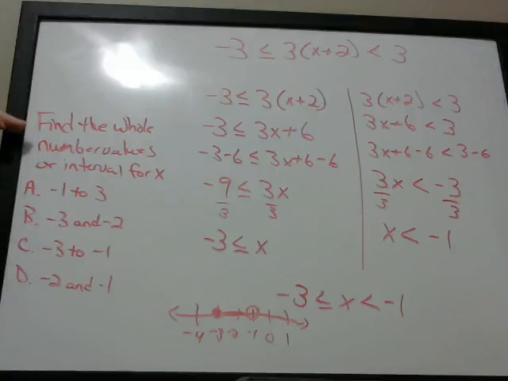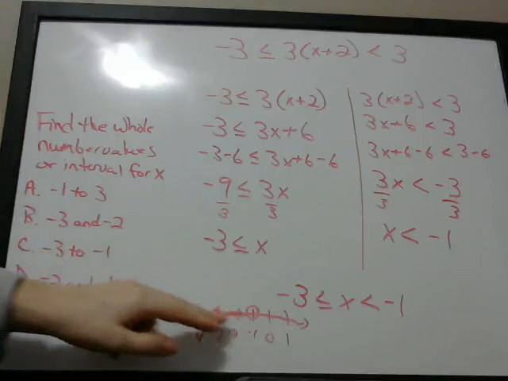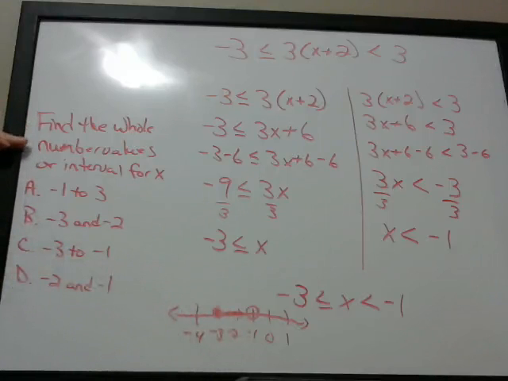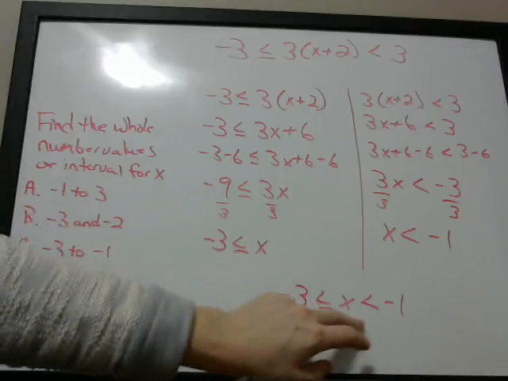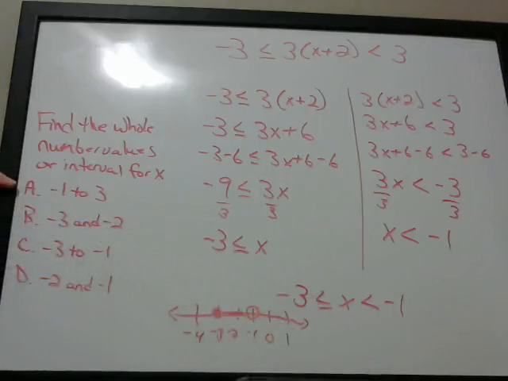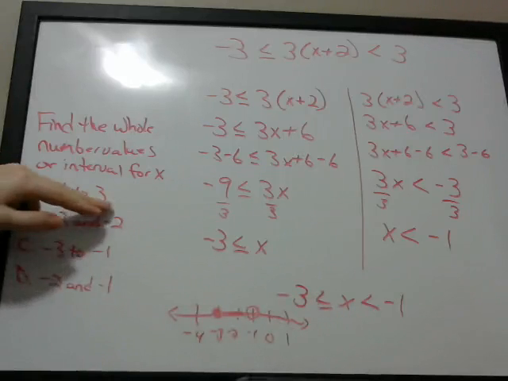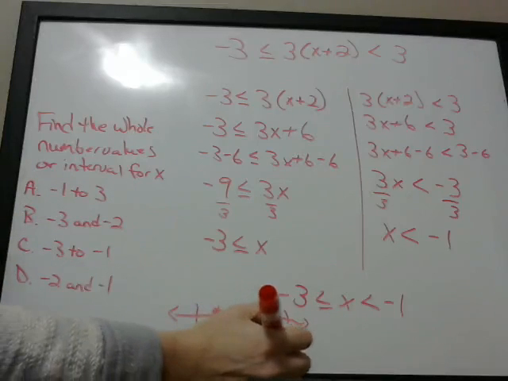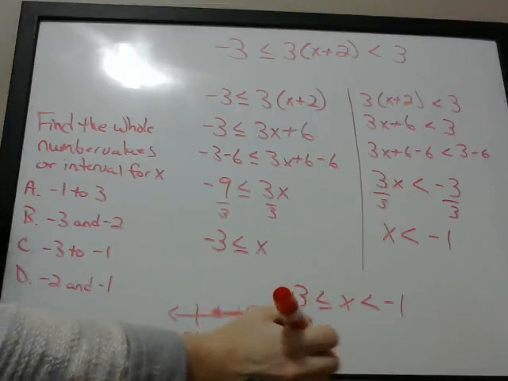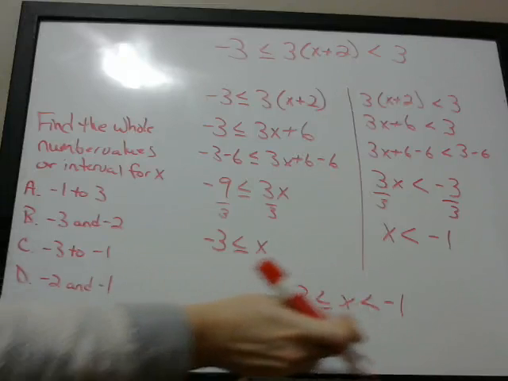So we go back here. Remember, it says find the whole numbers, so not the fractional or decimal numbers. Find the whole numbers or the interval for x. So this is our answer. So A, negative 1 to 3. Well, that would be out here, right? It's not negative 1 to 3.